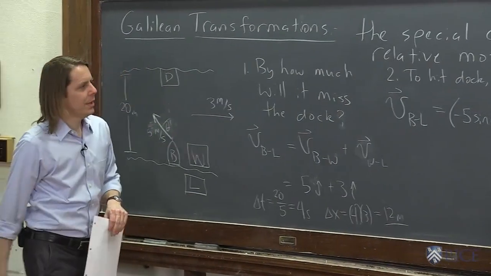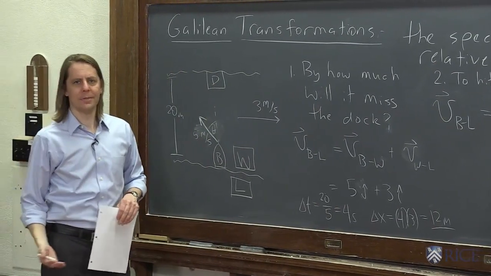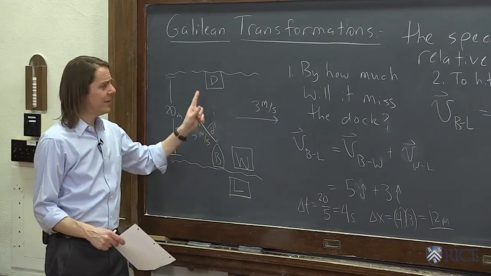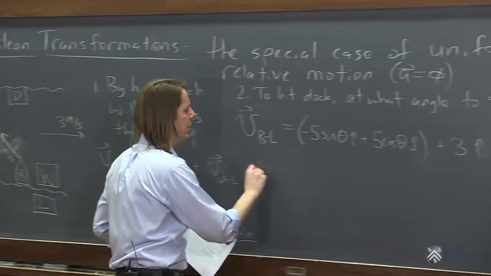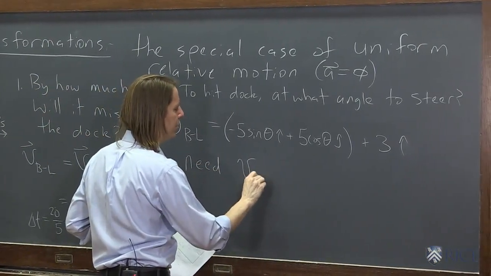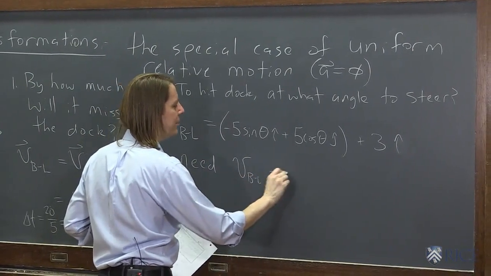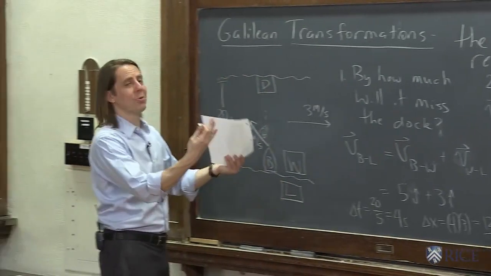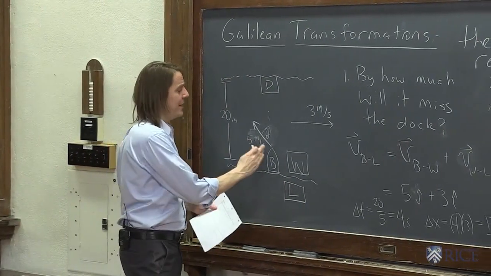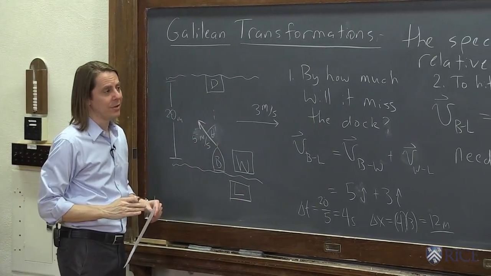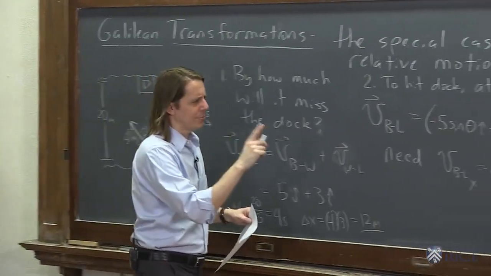And then you have to go to the problem and say, what's it going to take to hit the dock? Basically, we need the velocity of the boat in the land, the x component, to be 0. We could take this back to a position problem, but we don't really need to. If the x component is 0, it's just going to go straight like that. So you can actually solve it that way. So let's write this x component.